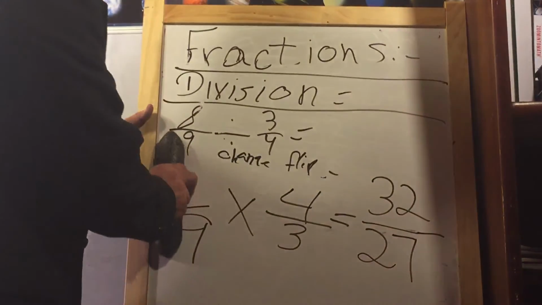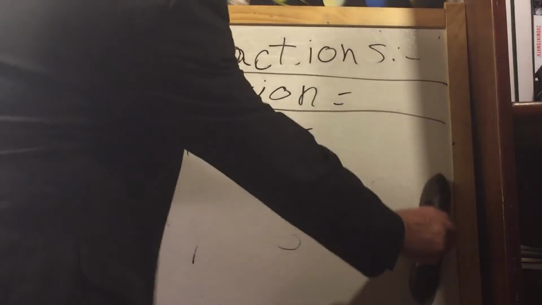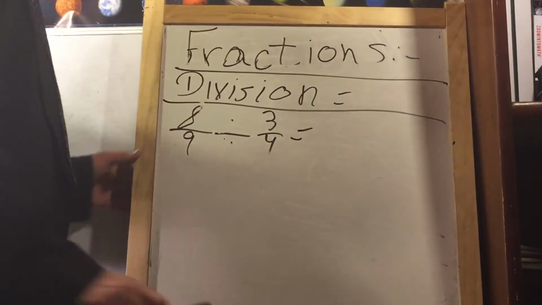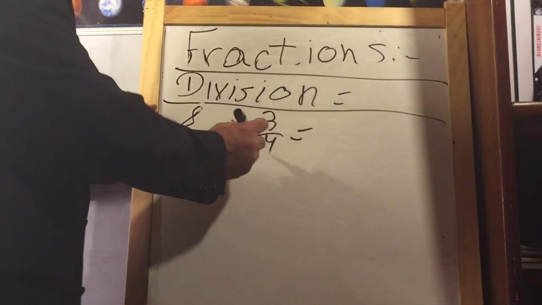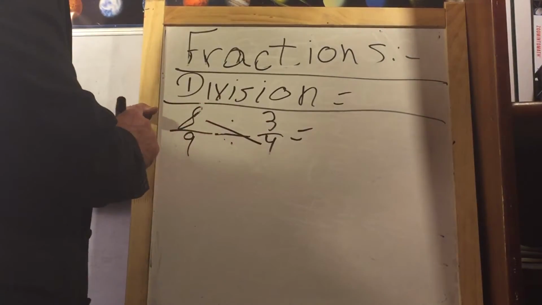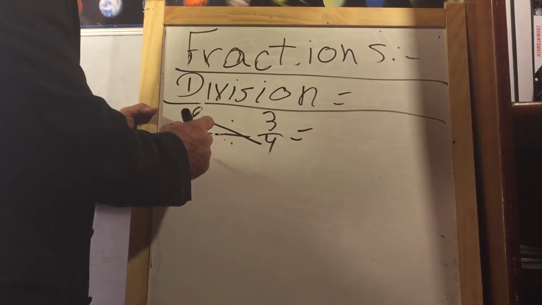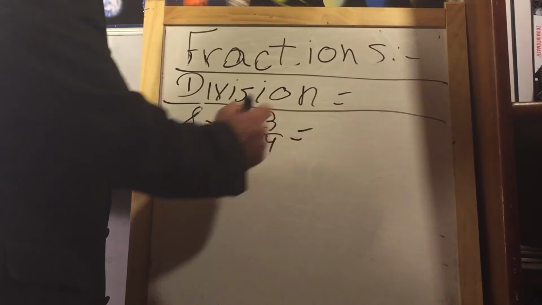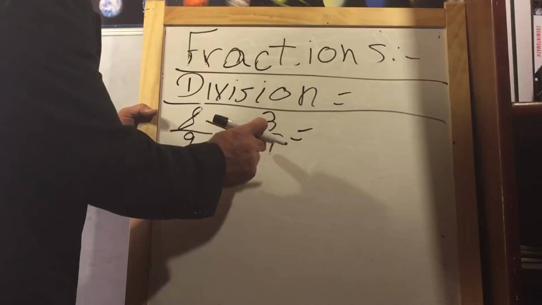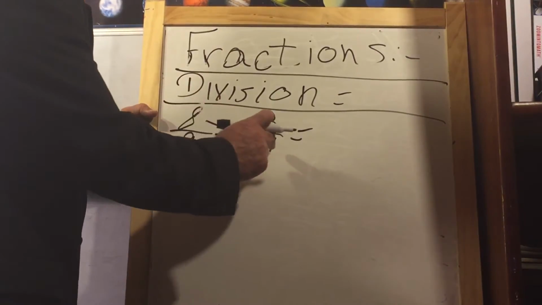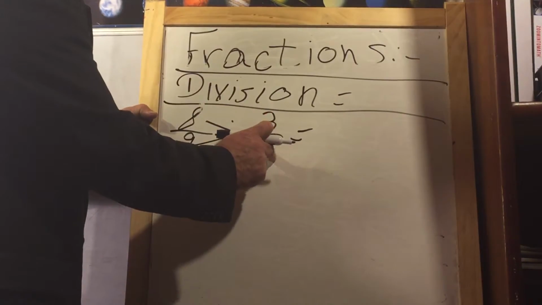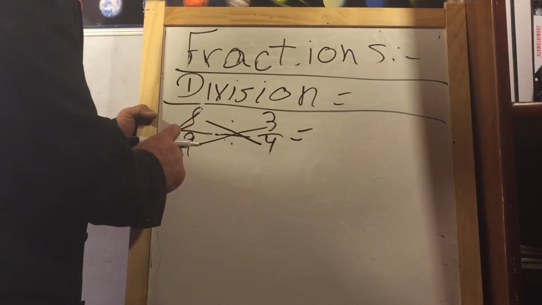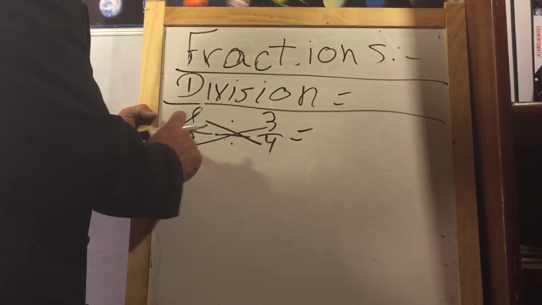Now another way to do this is simply like this: 4 times 8 over 9 times 3. So you can multiply the denominator of the second one times this, divided by 9 times 3.